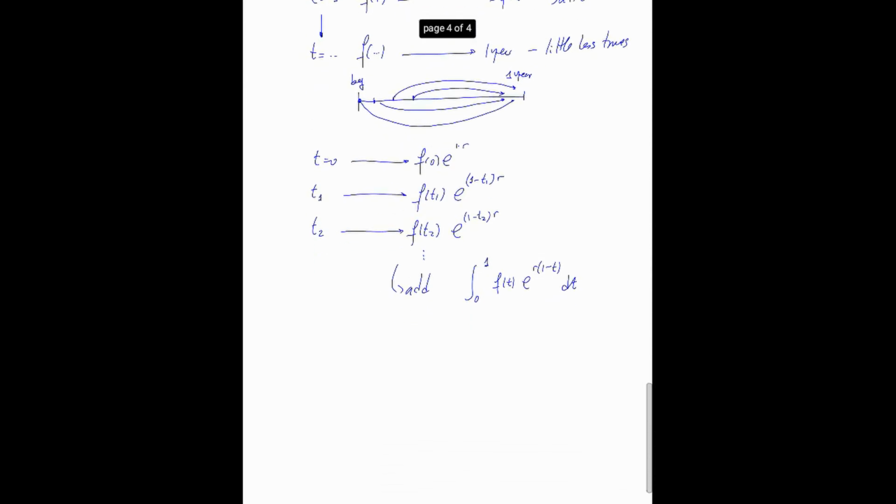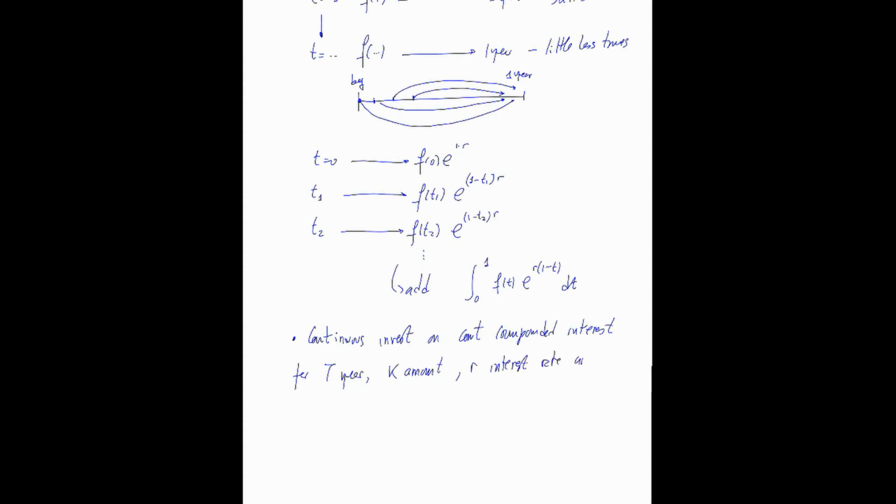If instead you have a continuous investment on a continuously compounded interest for t years, amount k with an interest rate. Remember, interest rates are annual. So after t years, what do you get? This is wrong.